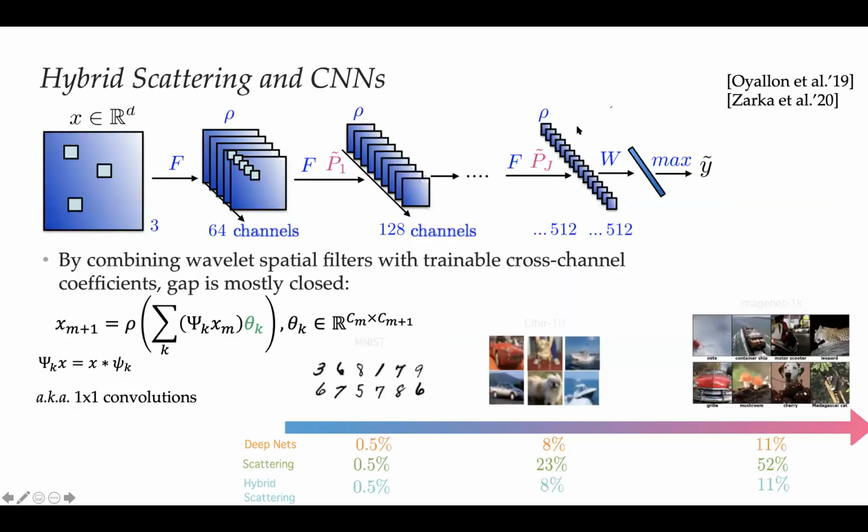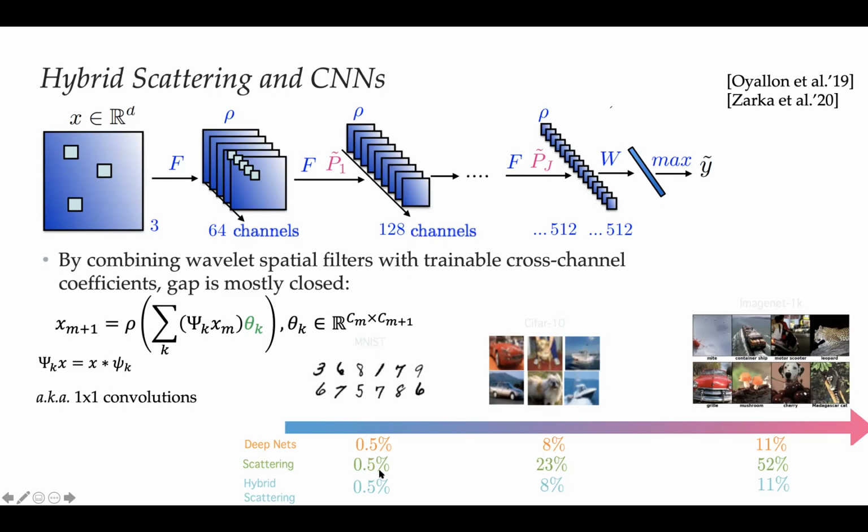Just to give you the punchline: we take these wavelet filters and interleave from one layer to the next a trainable coefficient that addresses the connection across the different wavelet channels. Every time that we go from one scale to the next, we apply a one-by-one convolution.